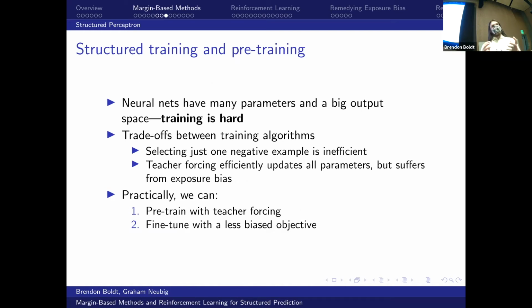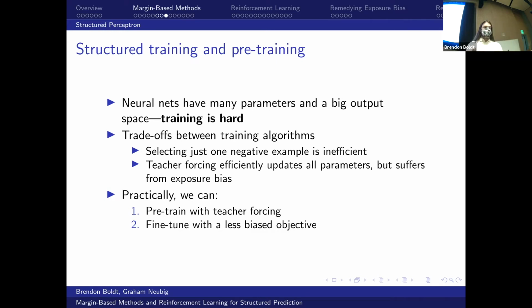And so here we realize a trade-off between the algorithms. In the structured perceptron, you're just selecting one negative example. And it's not exactly easy to select many more, because remember, you have to be doing this prediction; you have to be generating sequences during training. So although you're avoiding bias in a way here, you are introducing variance by only looking at one sample at a time.